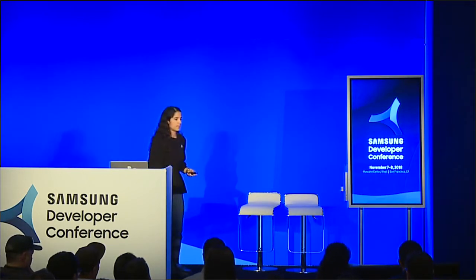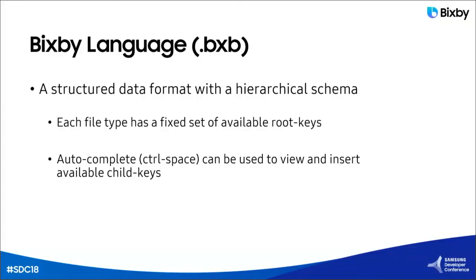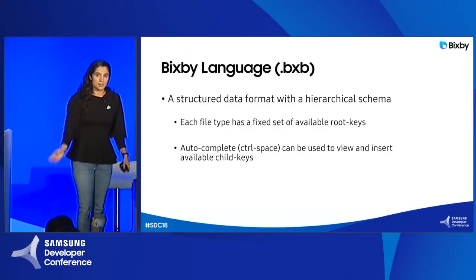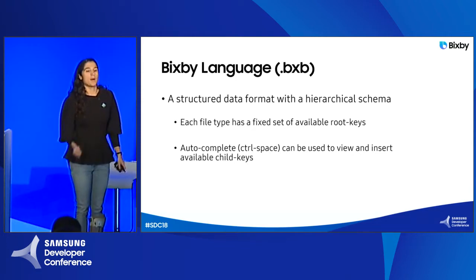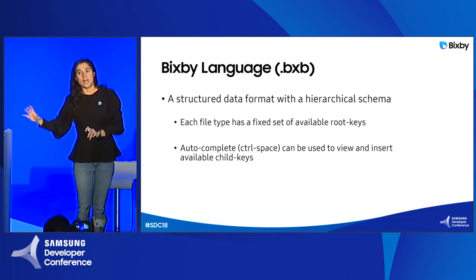So the Bixby Modeling Language is a structured data format with a hierarchical schema of keys and values. But you don't have to worry about memorizing all the possible keys in this schema because it's broken down into different file types.